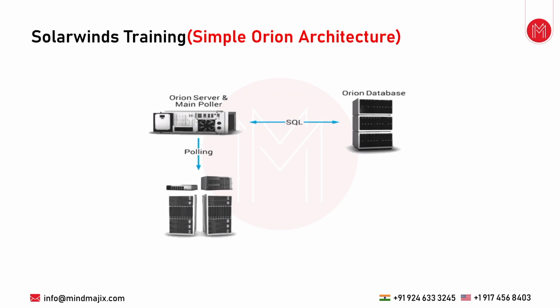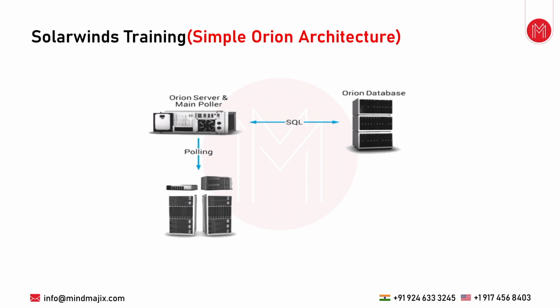The simple Orion architecture is as shown below on the screen. We have two important components here: the Orion database and the Orion server, the main polling engine. In this architecture, the Orion server pulls the information from the network.